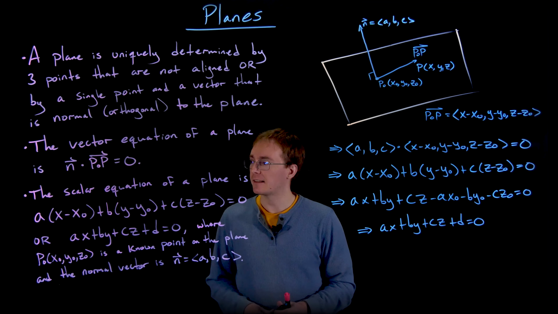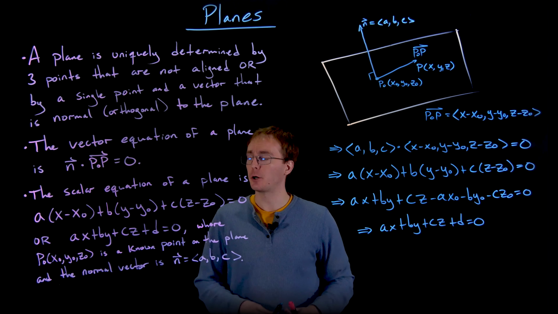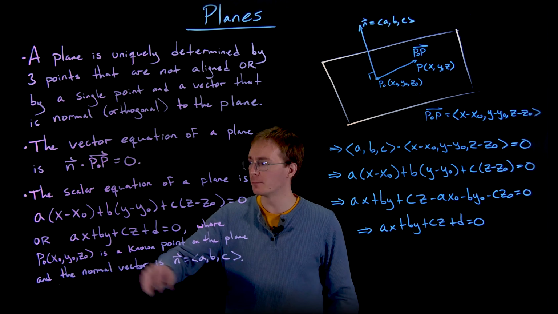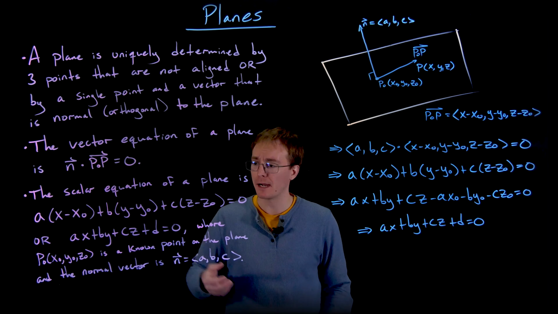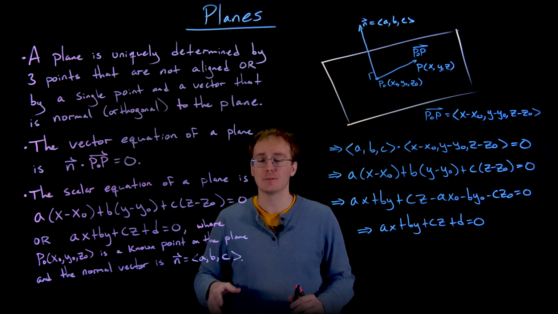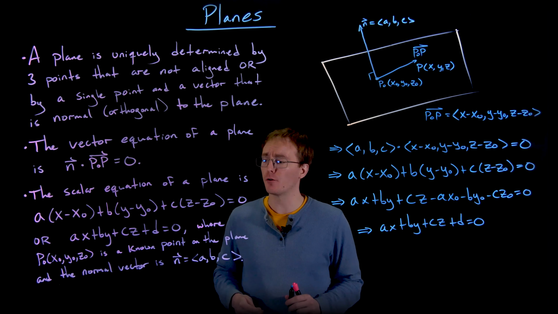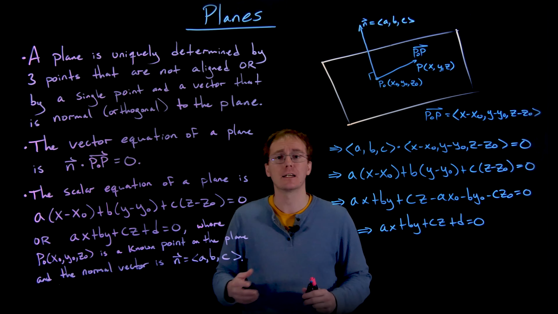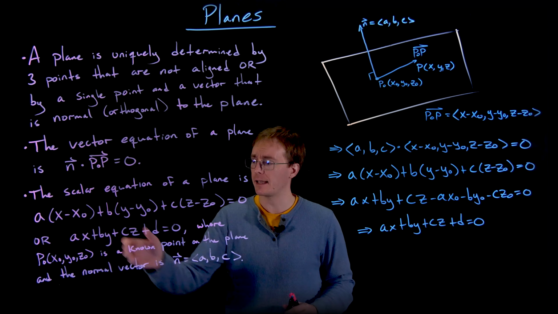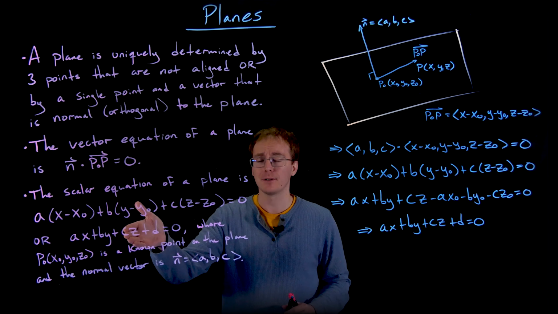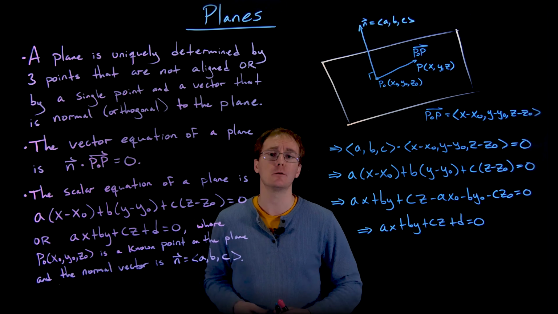Just to summarize that last little discussion, we know the scalar equation of a plane can be written in two forms. The a times x minus x naught plus b times y minus y naught plus c times z minus z naught is equal to 0 form. Or if we expand this out and combine constant terms, the scalar equation of a plane may also look like ax plus by plus cz plus d is equal to 0.